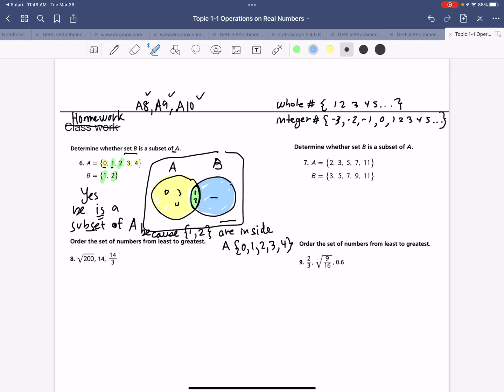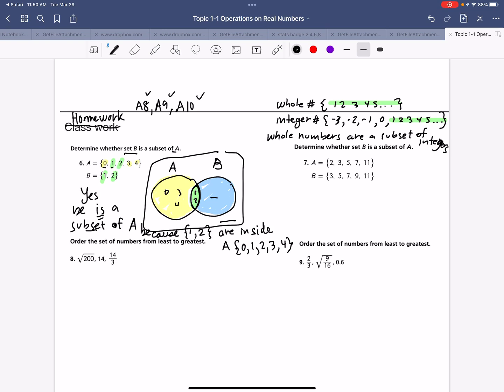Notice how this is a subset of that. Whole numbers are a subset of integers. And that's what we discussed today in class.